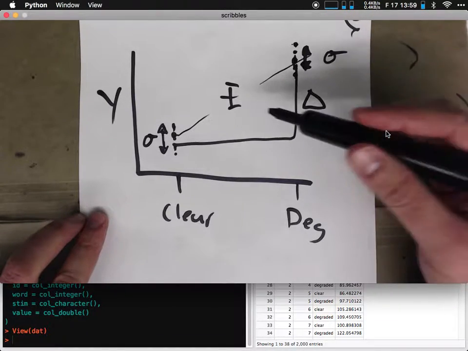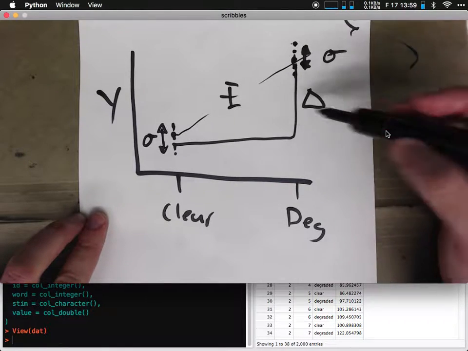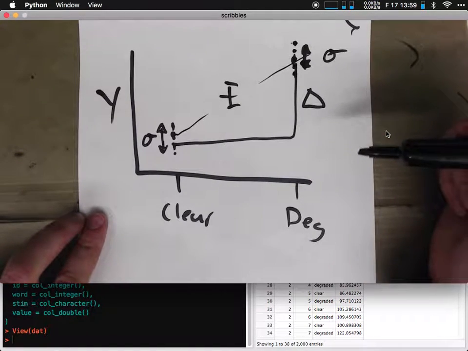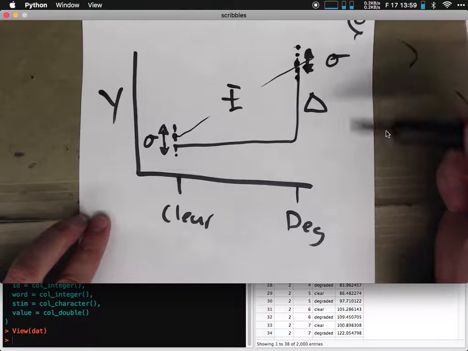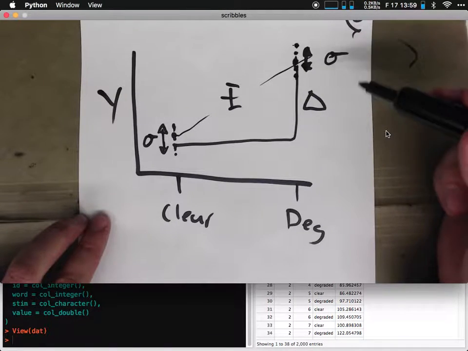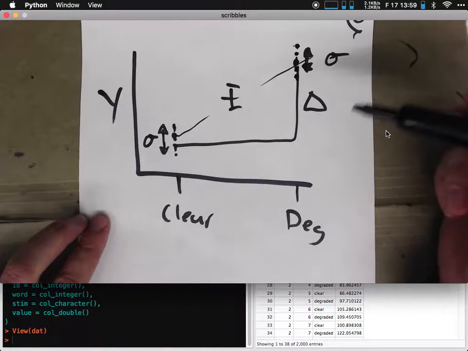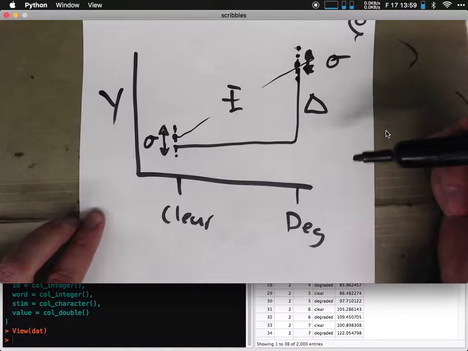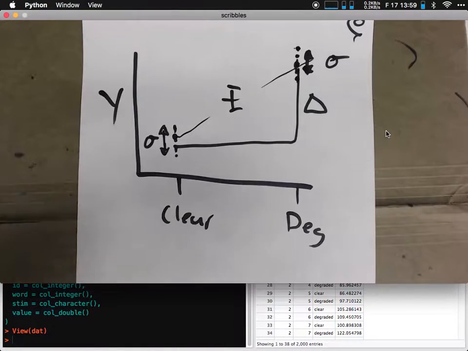And finally, we also have the idea that the intercept and effect might be correlated. So a given person might have a high intercept and a high effect, and other people might have low intercepts and low effects, and that would convey a positive correlation or the opposite kind of correlation.